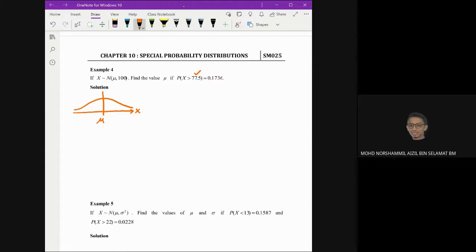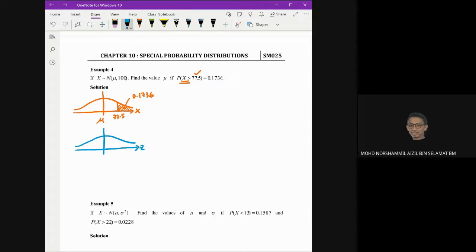Sebab kalau kita letak di sebelah kanan, 77.5, so X greater than, so this region, is it logic the region to be 0.1736? Logic tak? Logic, because less than 0.5, kan? Okay, so now once the graph is logic already, let's convert to Z. As I told you before, similar size.